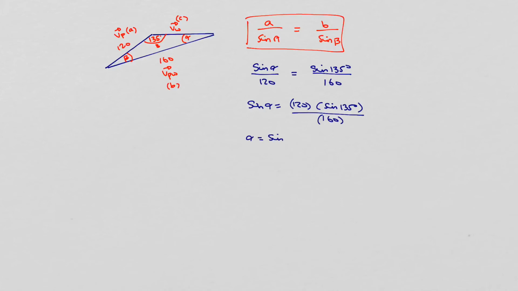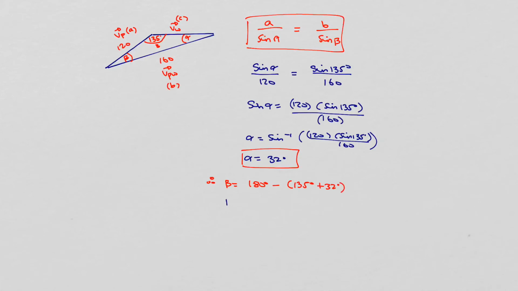And then if I get sine inverse of all of that, that gives me 32 degrees. Okay, so now of course I have alpha, so I can find what beta is. Beta must equal 180 minus 135 plus 32 degrees. So in other words, the angle beta is going to equal 13 degrees.